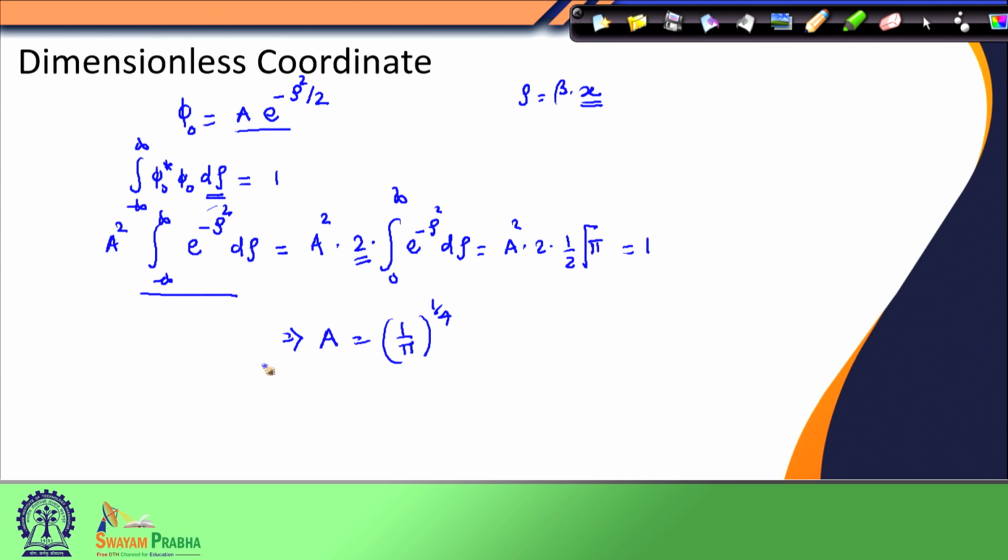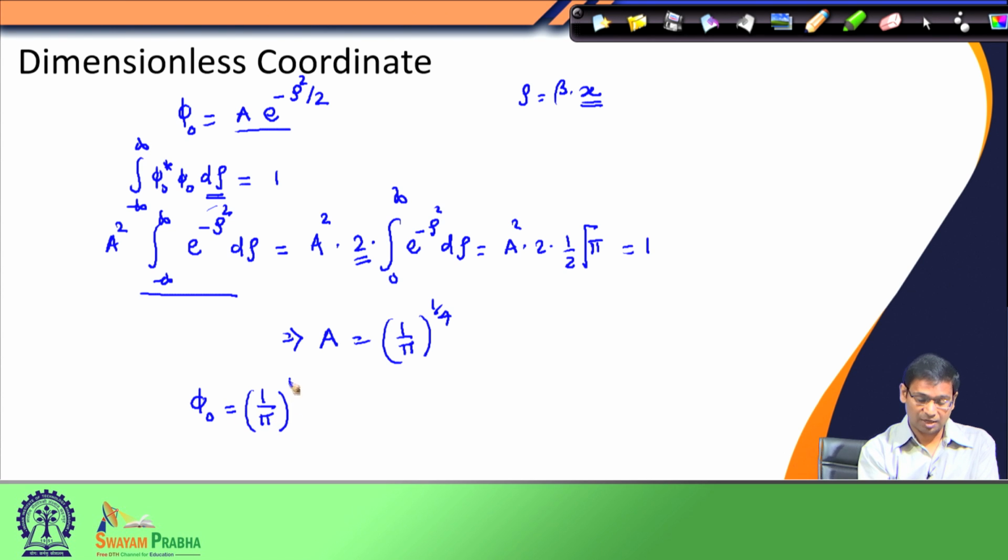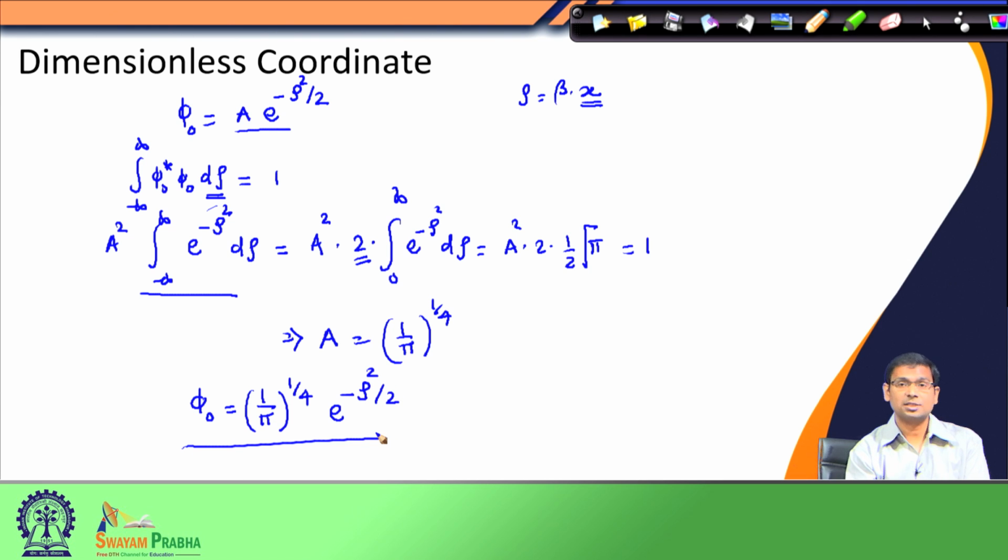So, to write down the normalized form of the lowest eigenfunction in the dimensionless coordinate, you would see that this functional form is somewhat simpler than the previous one, where it depended on the dimension.